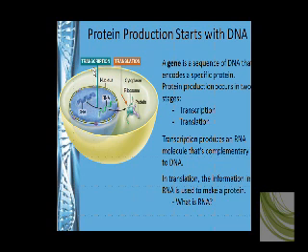Transcription means to copy. Then the messenger RNA leaves the nucleus and goes out into the cytoplasm where it is read by a ribosome. We talked about ribosomes in chapter 3. Basically, they take messenger RNA and translate it into proteins. Okay? That process is called translation.